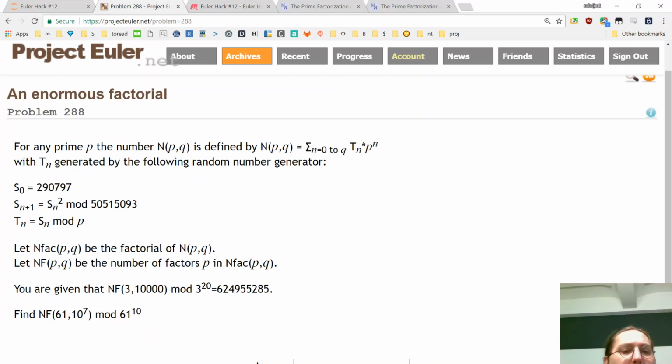Are you sure? Because if we make n fact pq into prime factors, we are looking at the power of p. Because you can have prime factors with powers, so we are looking at the total power.